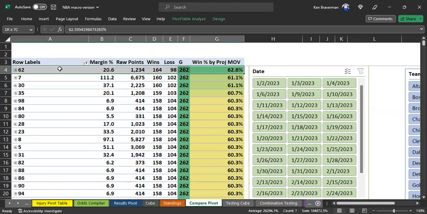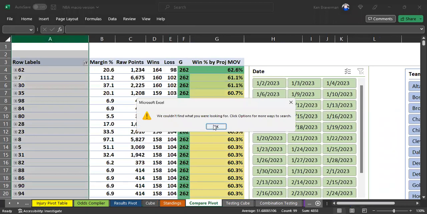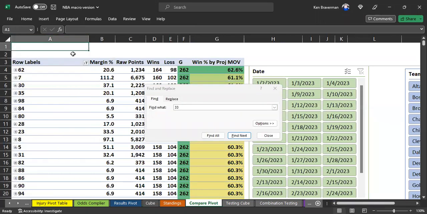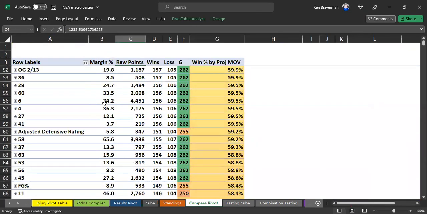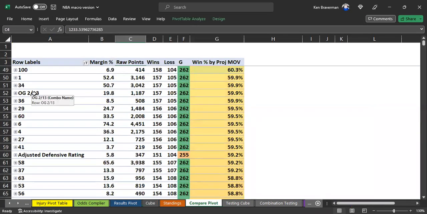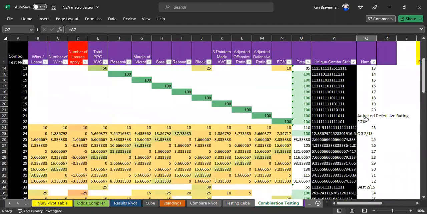All right, that's kind of interesting. We were using 33. Where does 33 come in on the full season? Couldn't find 33. Did I name it something? Oh, I might have named it something. I name these things sometimes, and they are showing up right here.